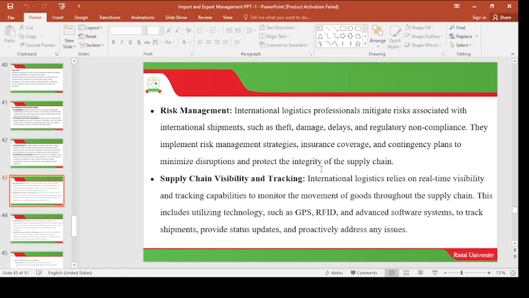GPS is a software that can be used to track goods or a specific item, as in Google Maps. It can track any location. So this is another software that can be used to track shipments and provide status updates according to the movement of specific goods.